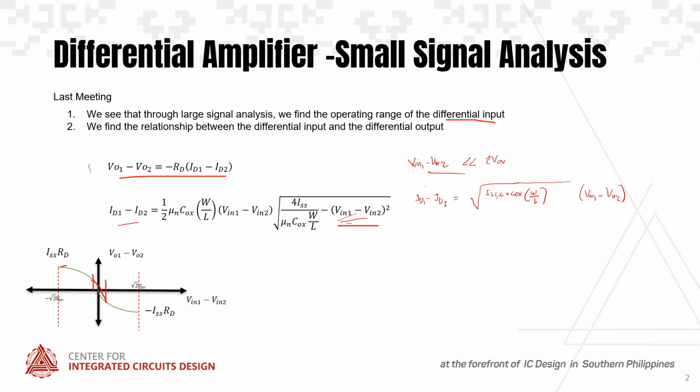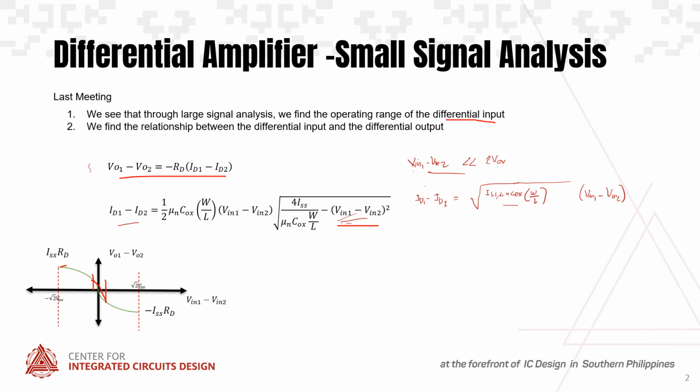This 4 here, we just took it out. This 4 becomes 2, this would cancel, and this mu n COX W/L, when we put it inside, becomes mu n COX W/L squared. So one of them cancels, and what we have left is a single mu n COX W/L in the numerator. That's it.